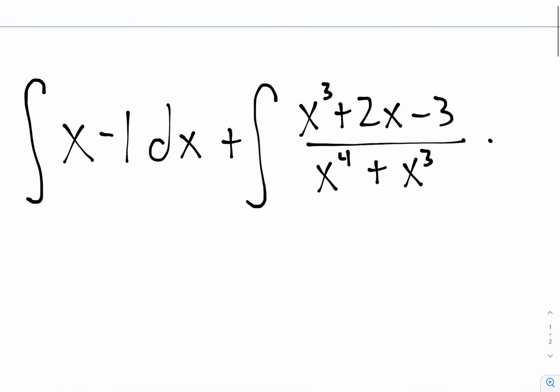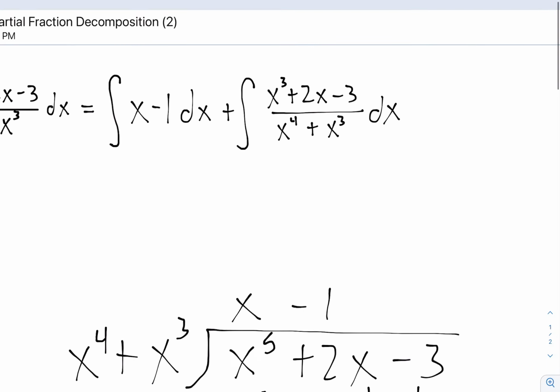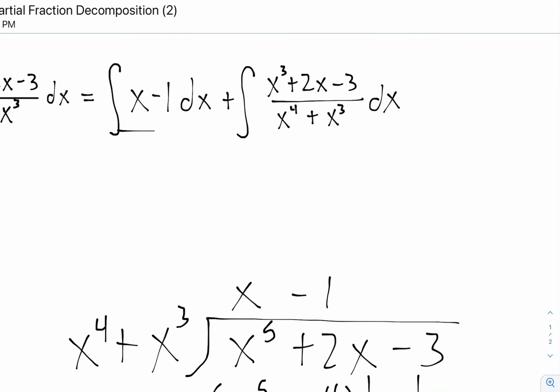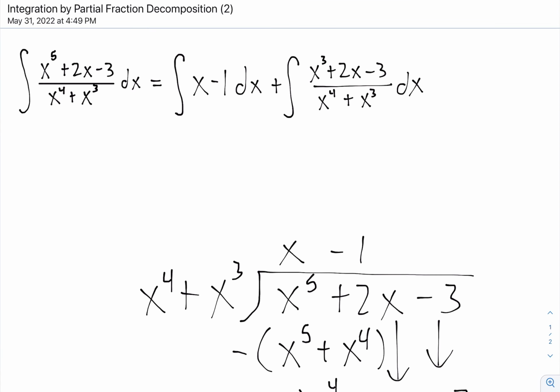Okay, so this part, the integral of x minus 1 dx, isn't our problem because we can integrate that easily using the power rule. This part right here is our problem because we're still faced with the same issue as when we started the question. We have two higher degree polynomials being divided by each other.